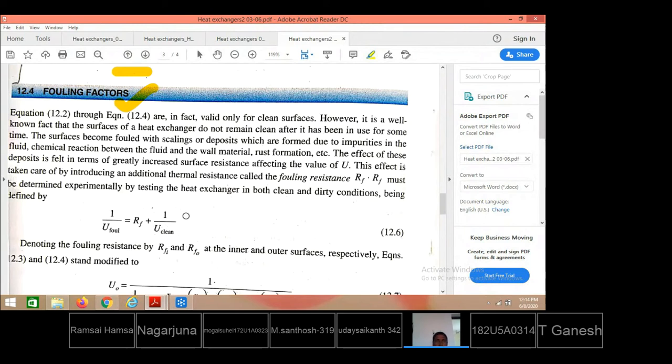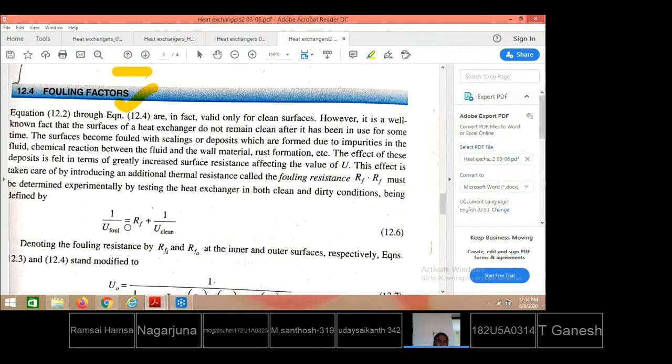That is for clean surfaces, when no foreign particles are deposited. Or if there is a chemical reaction between the fluid flowing and the contact surface, rust may form over the surface, which may also affect the heat transfer rate. So that is why we call that effect fouling.